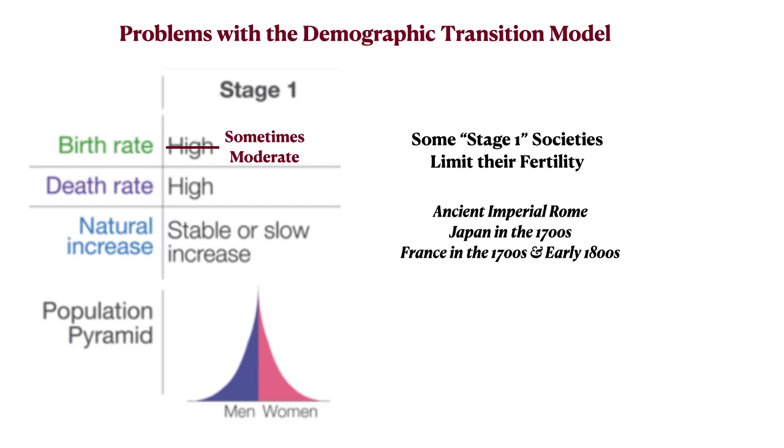France in the 1700s, early 1800s, we had societies where the birth rate was very much limited through a variety of different means. I don't have to go into that now, but the idea that all societies had the same kind of birth rates and that these were uniformly high just doesn't fit the evidence that we have.